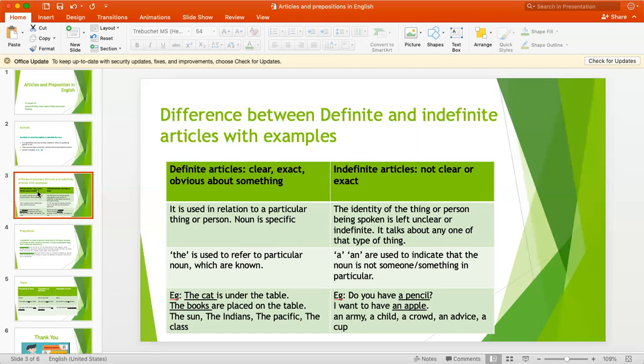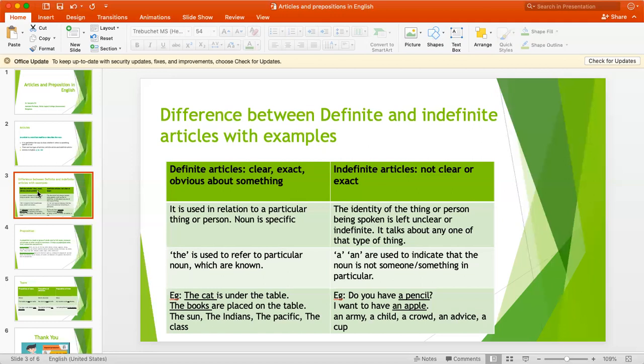For example, the cat is under the table. You are in a room with your siblings, and you tell them or your parent that your puppy or your cat is under the table. That means you're referring to one specific cat, which is very obvious and exact, just one cat in the room.